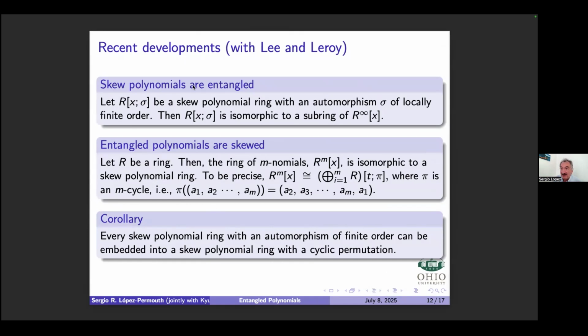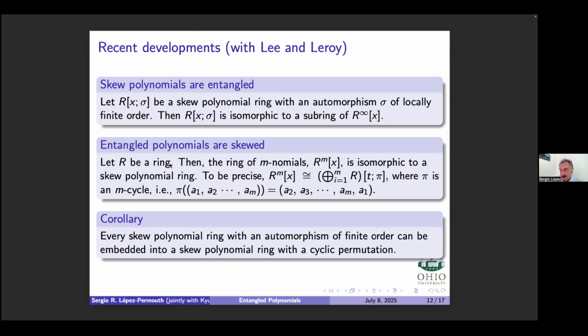Skew polynomials are entangled. If I start with a skew polynomial ring and I have an automorphism that is of locally finite order, then the skew polynomial ring I obtain is going to be a ring of entangled polynomials. And kind of conversely, entangled polynomials are skewed.